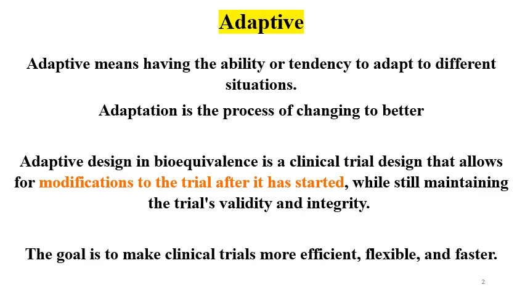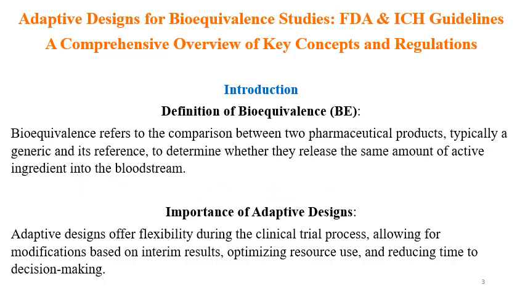So the meaning of this exact design you will understand in the upcoming slides. So be with me till the end of this video. First of all, we will see what bioequivalence is. Bioequivalence refers to the comparison between two pharmaceutical products, generally a generic product and the reference product, to determine whether they release the same amount of active ingredient into the bloodstream.